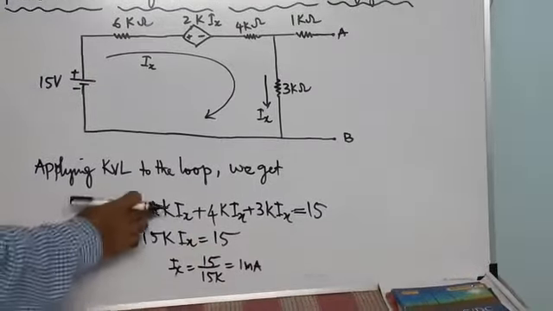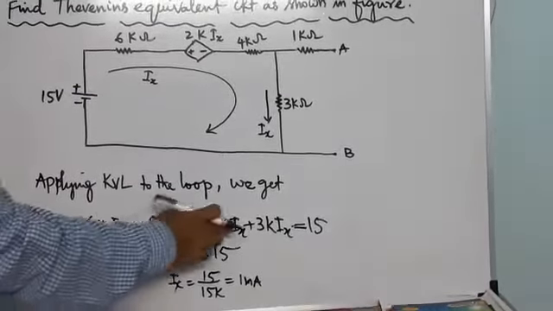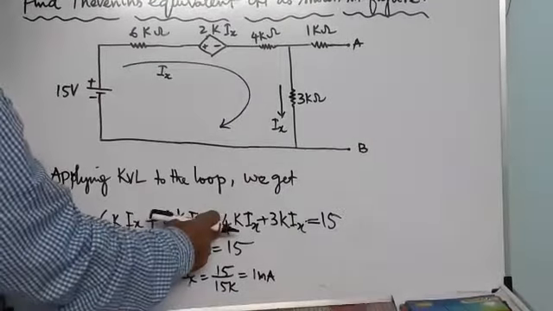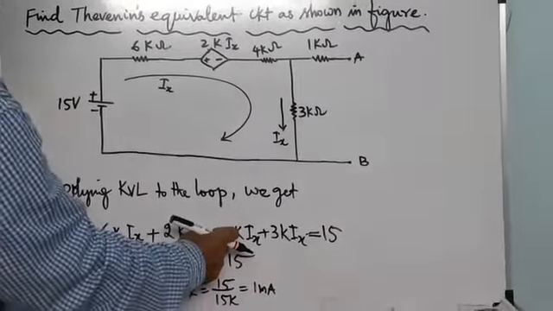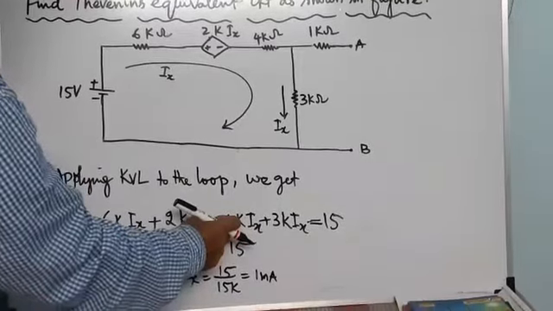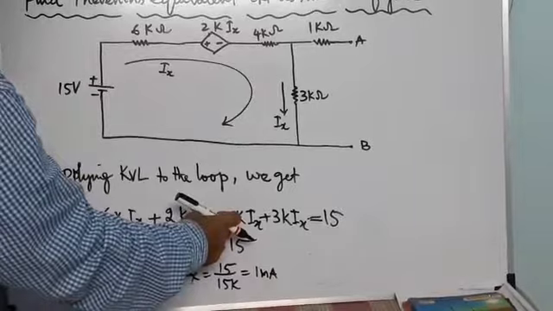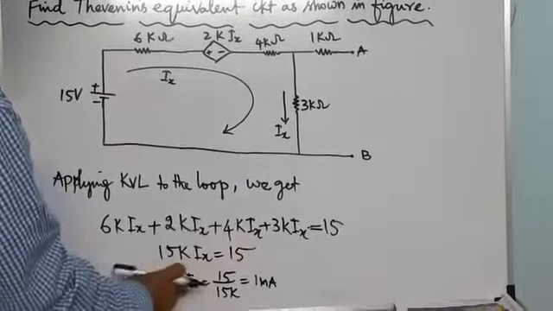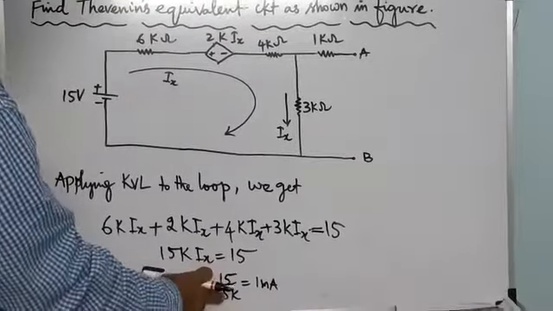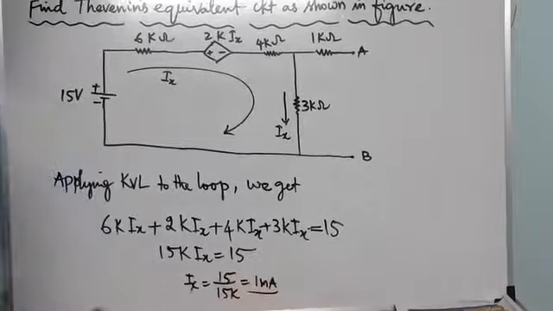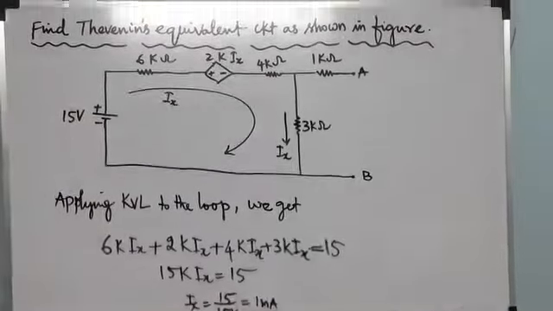Adding 6 plus 2 plus 4 plus 3: 6 plus 2 is 8, 8 plus 4 is 12, 12 plus 3 is 15. So 15 kilo Ix is equal to 15. So Ix is equal to 15 by 15k, which is 1 milliampere. Now the current is 1 milliampere.